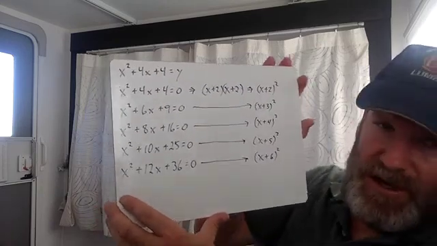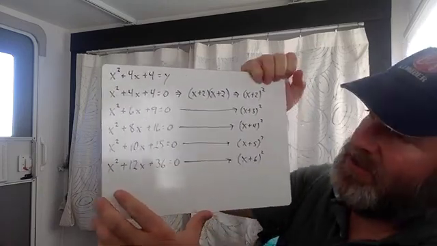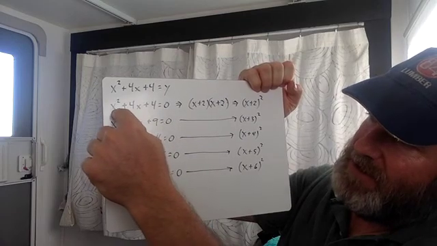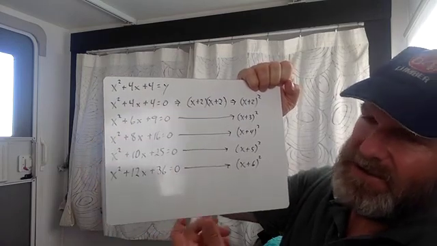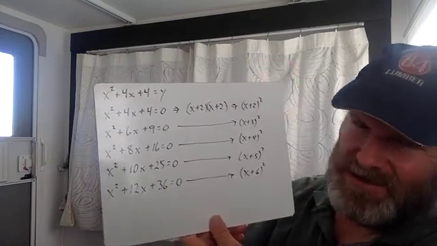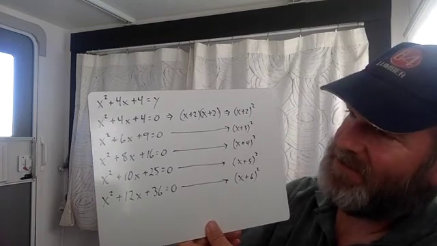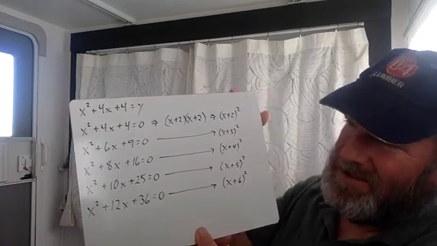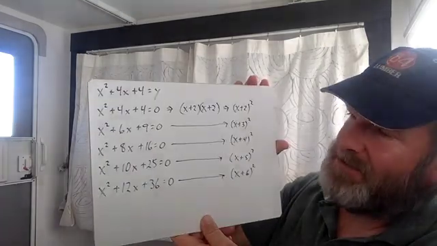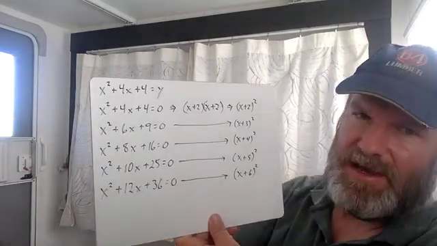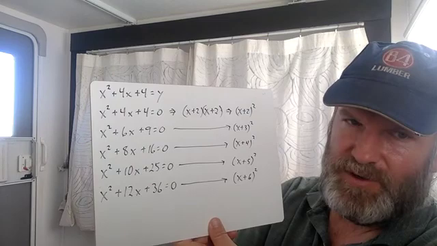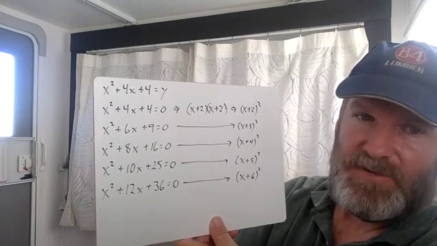Now, you can do this for odd numbers, meaning if your b is odd. So I could have done x squared plus 5x, but half of an odd number is a decimal, 2.5, or it's 5 over 2. And when you square that, it gets messy, and it's really not beneficial at that point to complete the square. It's probably just better to do the quadratic formula.